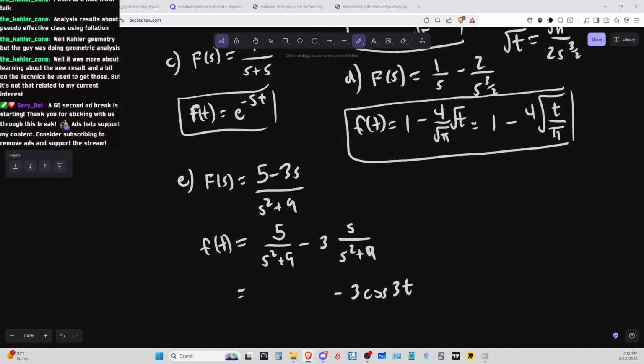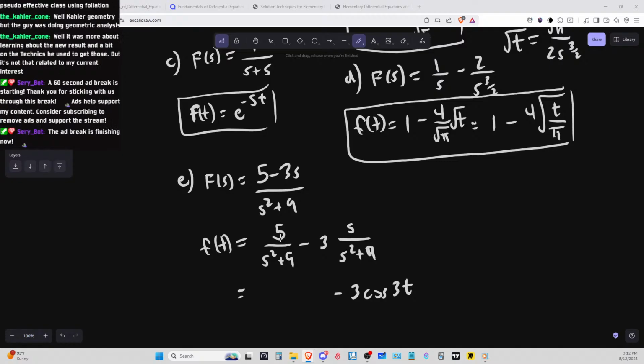Maybe it's 2 terms in 1, because let's say it is cosine, then this s term up here would leave an s, not a number. So maybe it's sine. No, but then we have an a.